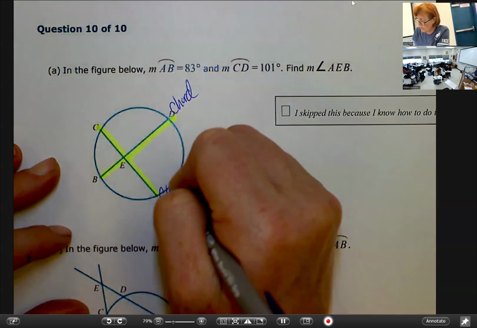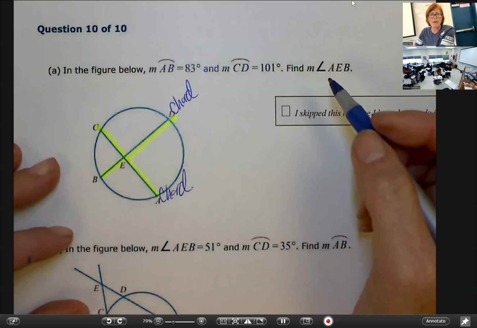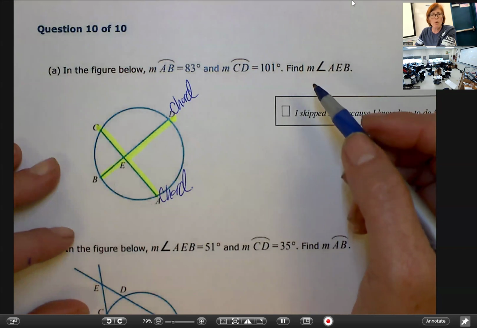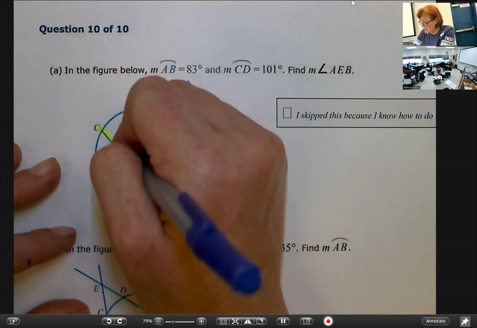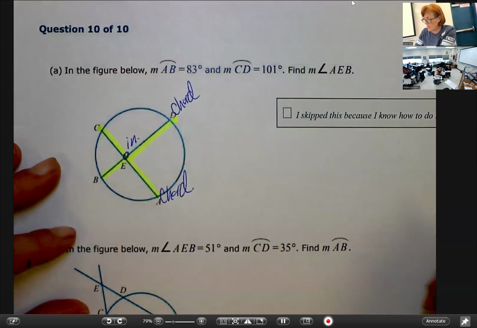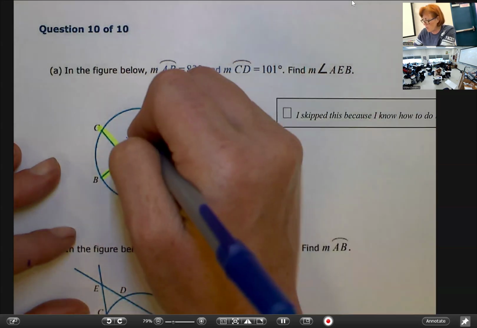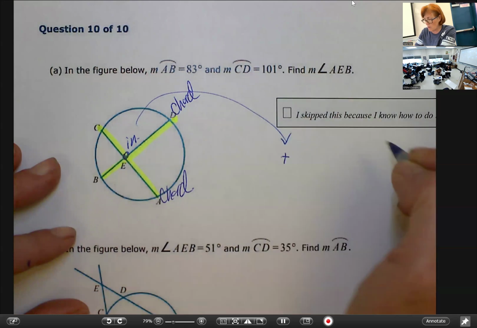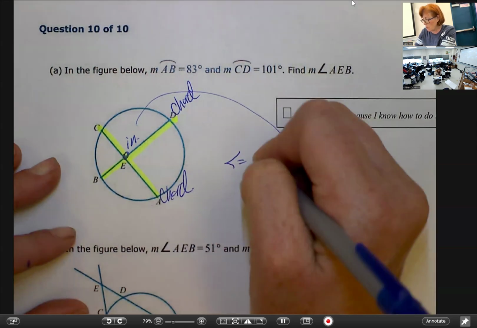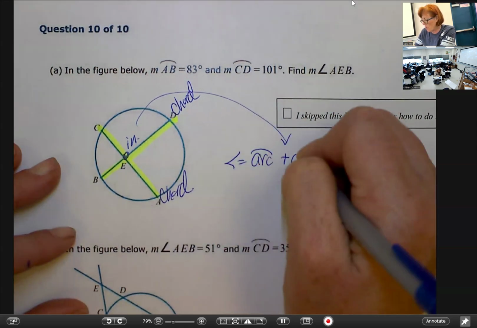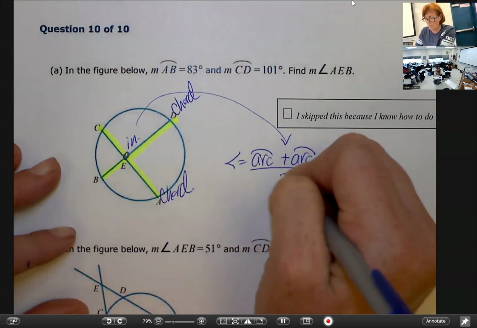All right. This is a chord, and a chord has an in. Because it's in, that equation, remember, is a plus sign. So it's angle equals arc plus arc over 2.